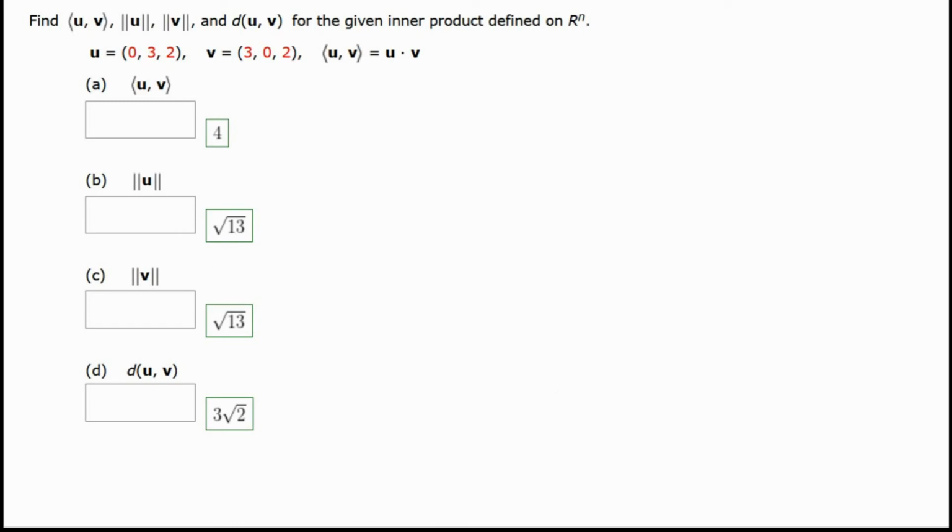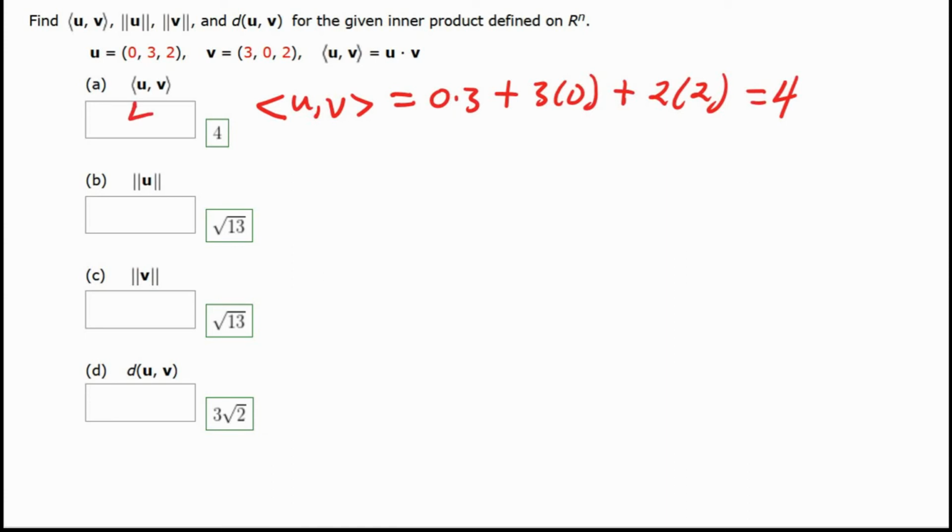The idea of how we solve would be the same. So this inner product of u and v is very straightforward. That's 0 times 3 plus 3 times 0 plus 2 times 2, and all we get there is 4.